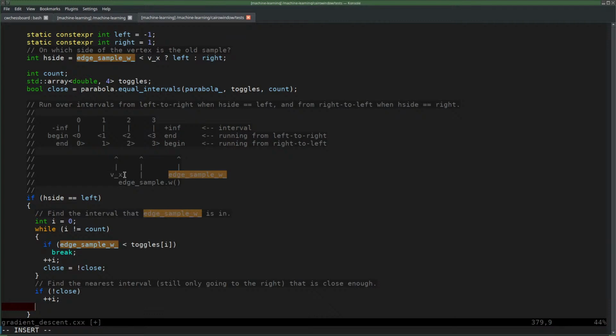I'm assuming here that the vertex is just to the left all the time, to the right all the time, I mean. So I'm going to use this value then, which is the value of the toggle of I minus 1, or minus infinity if it is 0.